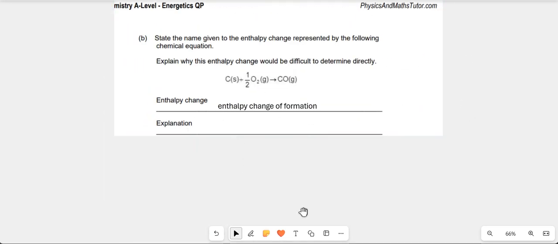This one I already did, and then explanation: why it's enthalpy of formation. Explain why this enthalpy change will be difficult to determine directly.